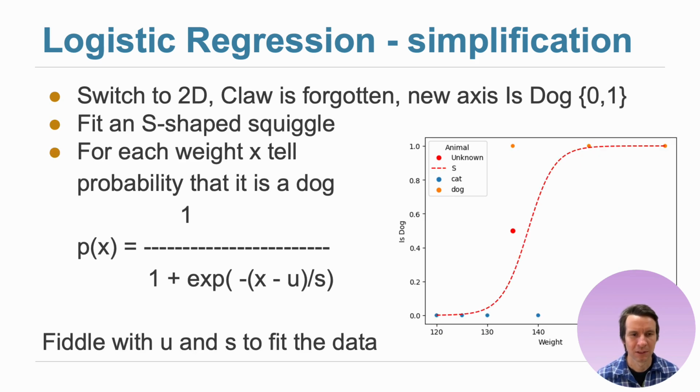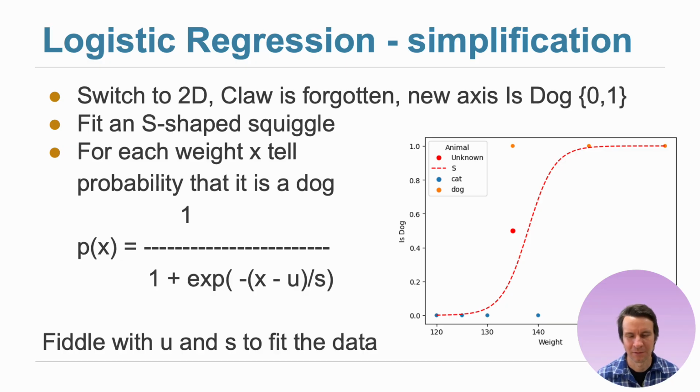So what we try to do here is put an S-shaped squiggle here. We hope that the cats are more to the left, the dogs are more to the right. So I would like to have this squiggle here that will tell me how likely the outcome is a dog.